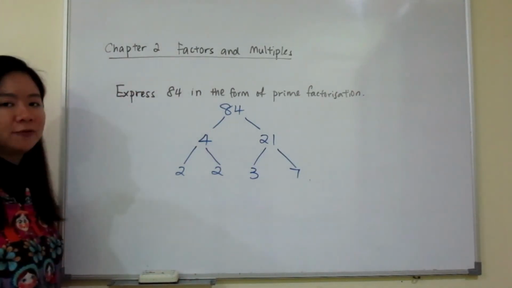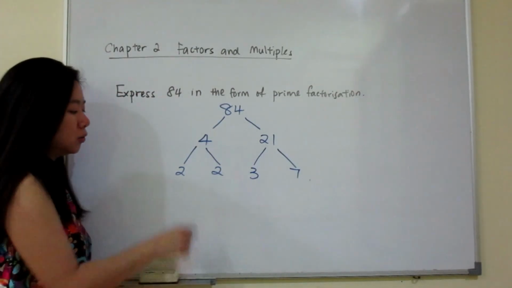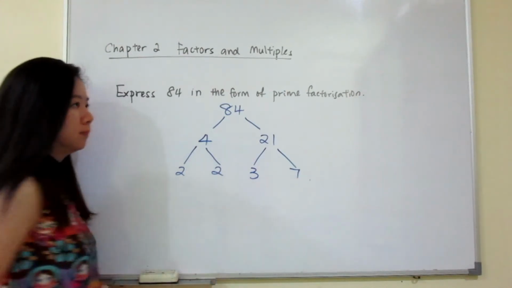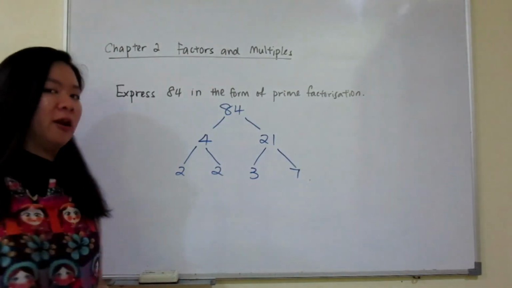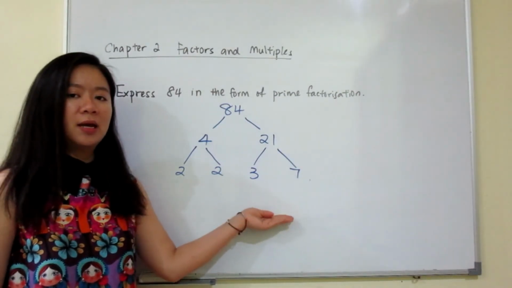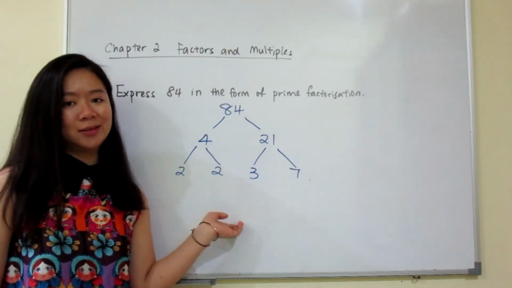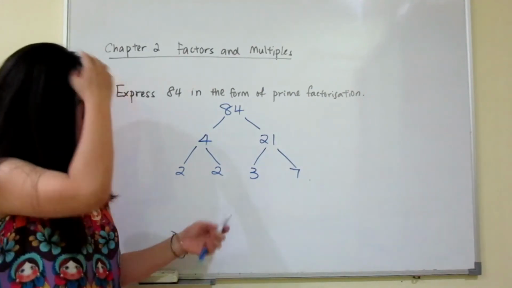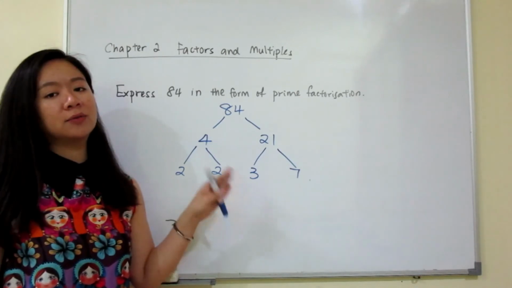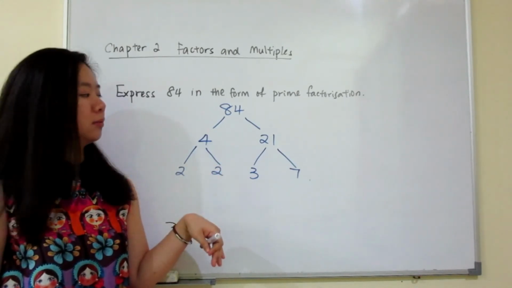Can we split further? No. So actually you can realize that these numbers cannot split further, which means they are prime numbers. This is what we call prime factorization. These are all the prime factors for 84.